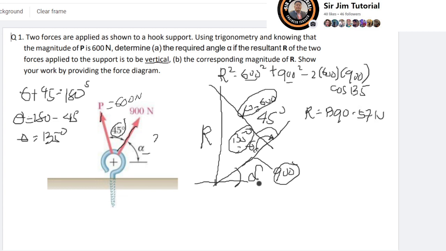Newton. Now, if you would like to get the value of alpha, we need to compute this angle. Let us say this angle is x. So we can use sine law: sine x over the opposite side, which is 600, equals sine 135 over the opposite side R, which is 1390.57.